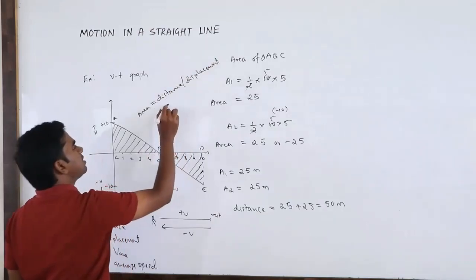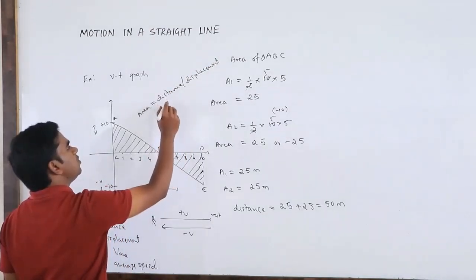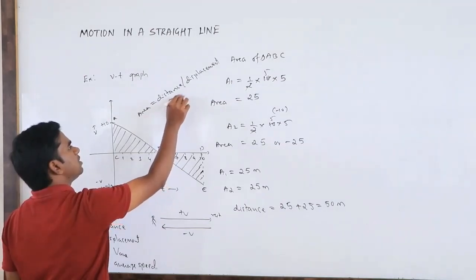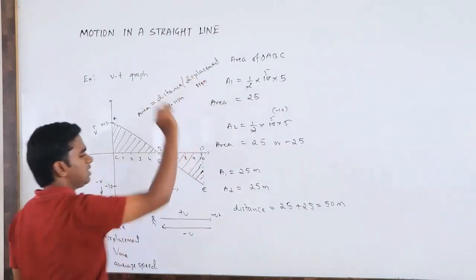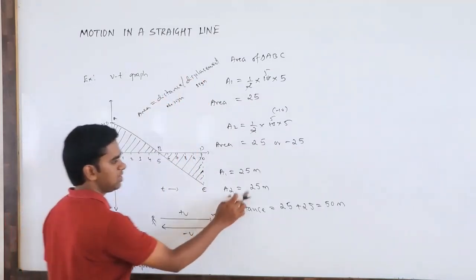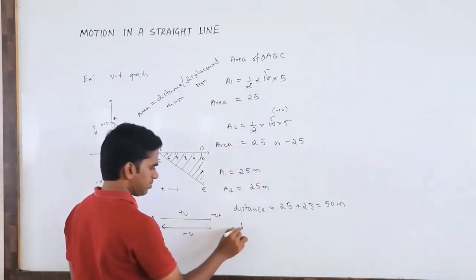If you do not consider the sign, it is distance, no sign. If you consider the sign, it is displacement. Now for distance, no need to consider the sign. This will become 50 meter. If there is displacement.